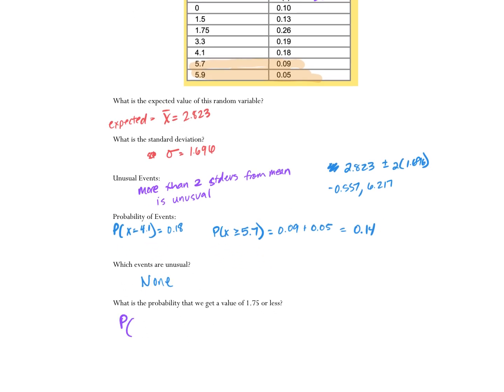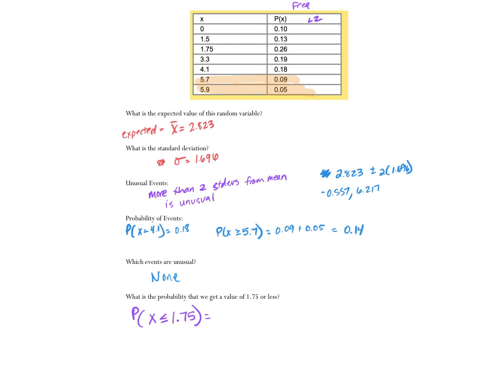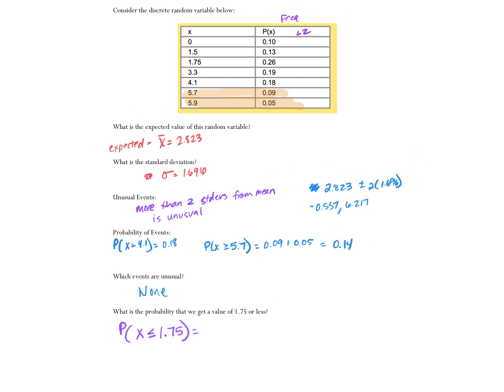What is the probability we get a value of 1.75 or less? That's like saying the probability x is less than or equal to 1.75. What would you guys do? We subtract the frequencies from 1.75 and up.